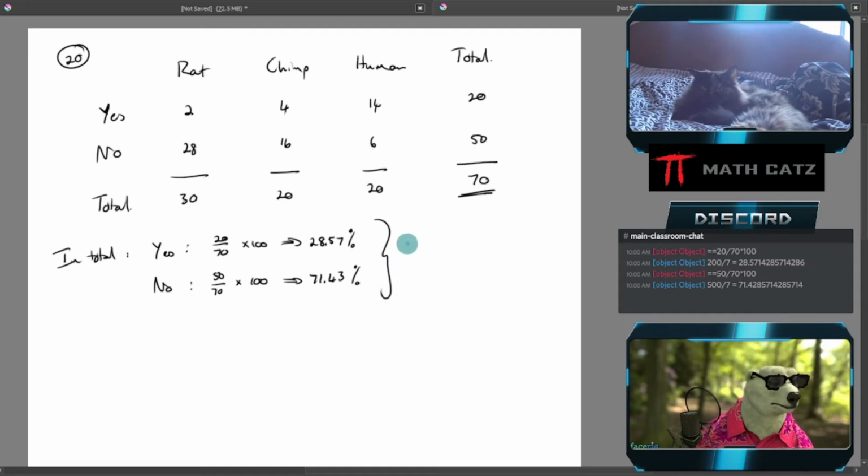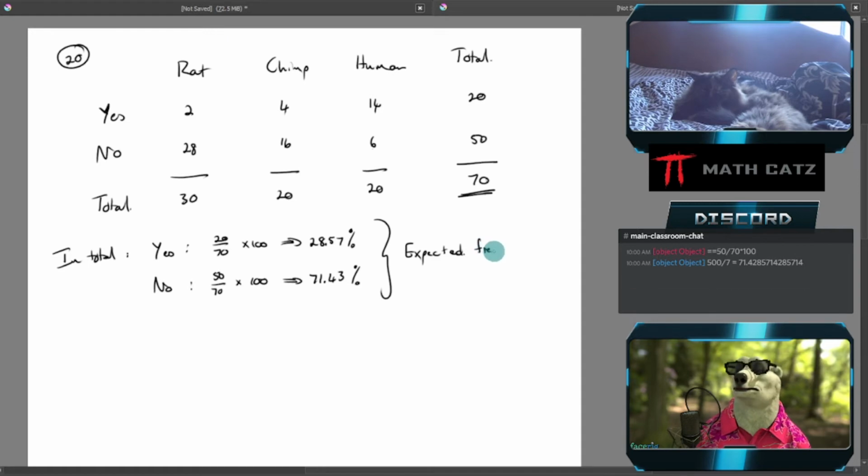So these are what I expect. These are going to give me my expected frequencies. So if, let's suppose, the ability to learn the task is completely independent from the species type, then each of these, rat, chimp, human, should behave according to these percentages.